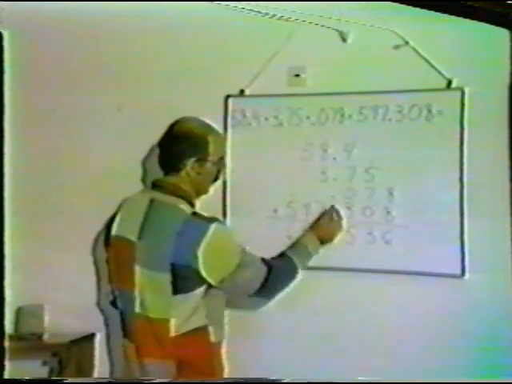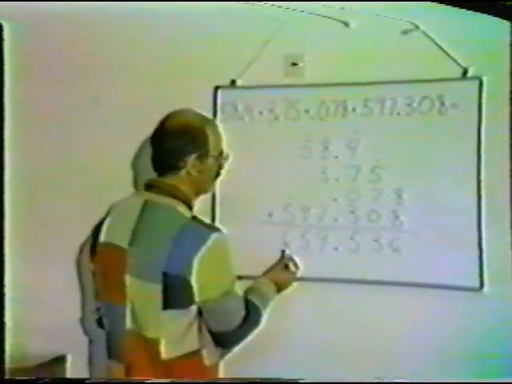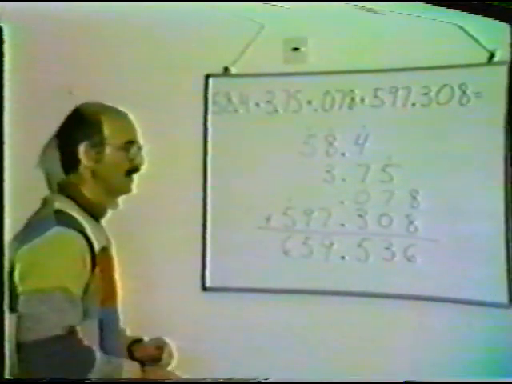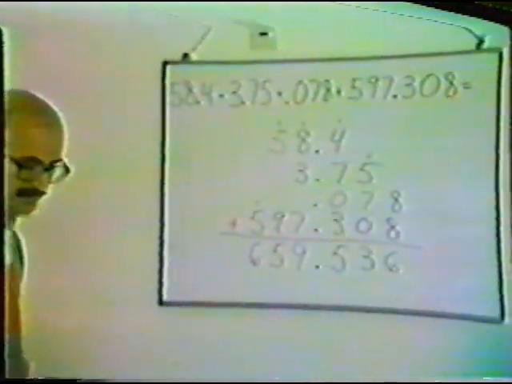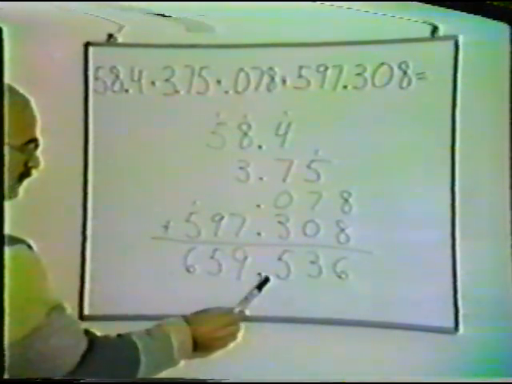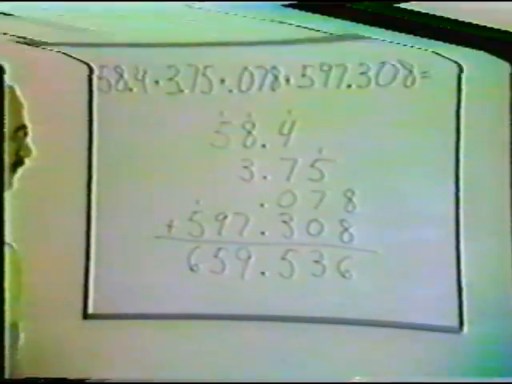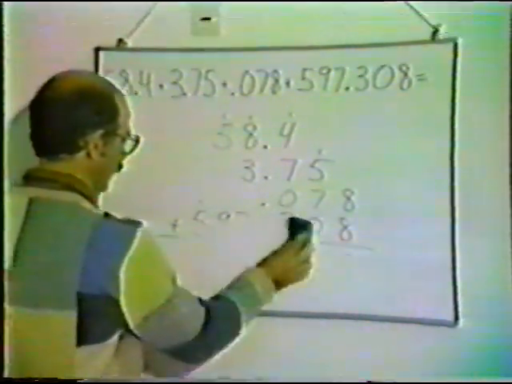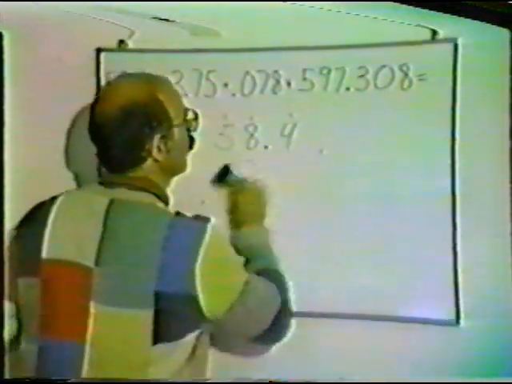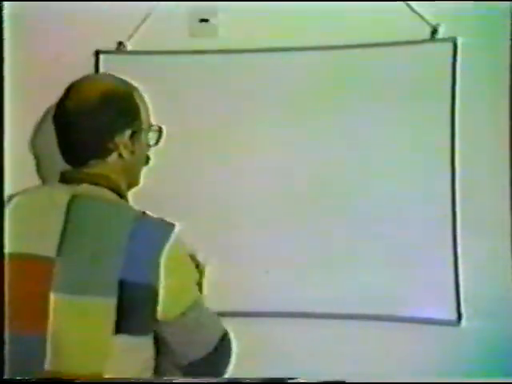Yes, we must put the decimal point in the answer. Now please read for me the answer. 659 and 536 thousandths. All right, we'll do one more just to make sure we've got it.